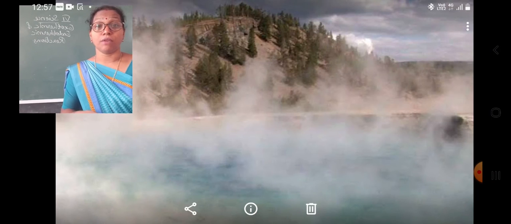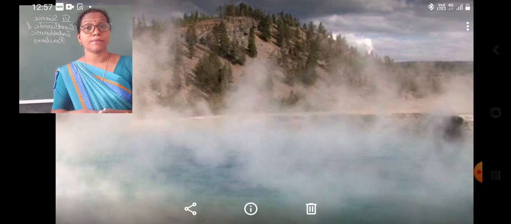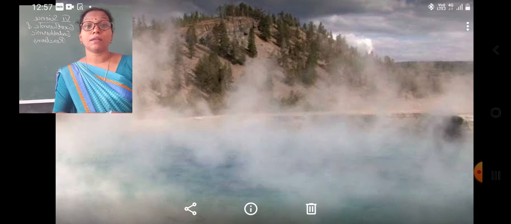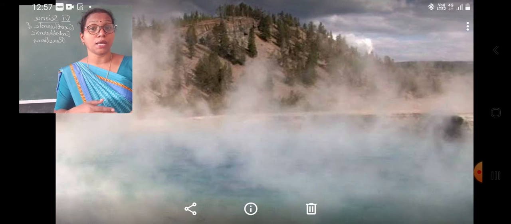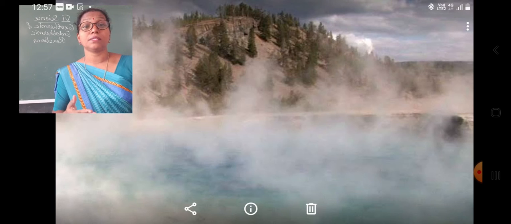Students, the evaporation of water from the water bodies: the sun's heat changes the water in the water bodies into water vapor. This water vapor comes into the atmosphere and becomes a part of the clouds. There is condensation and this changes into clouds.